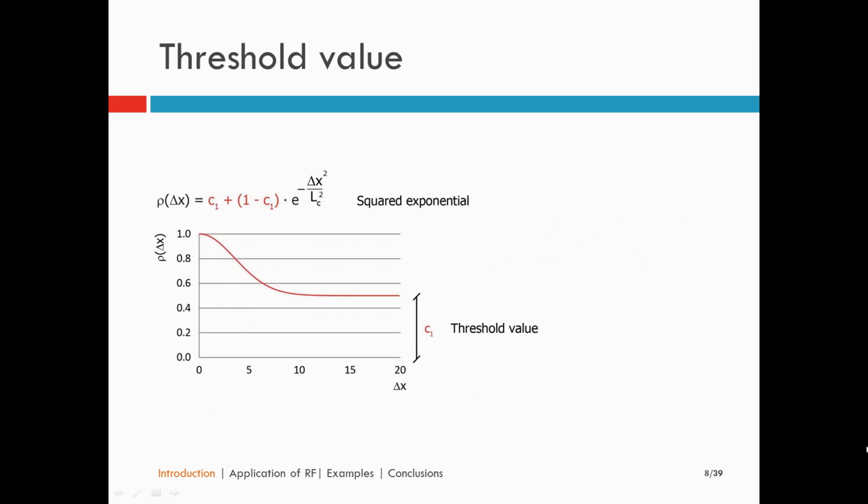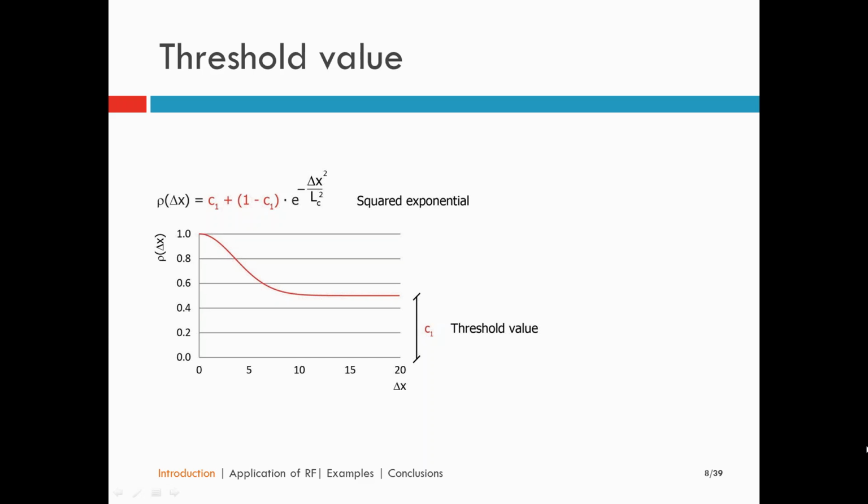And then another property which is sometimes used is the threshold value, and this comes from the idea that if we have one batch of concrete, then the material properties of that batch of concrete are correlated with each other with a minimum value, and this is the threshold value.